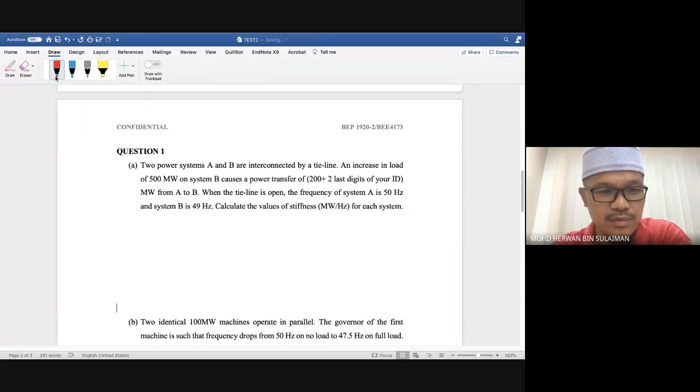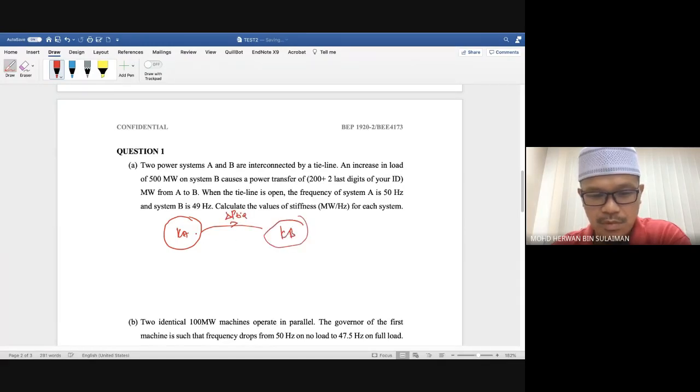So you have the system KA. Now the power transfer from A to B, right? So the increased load is 500 megawatts, so the power goes to 500 megawatts.